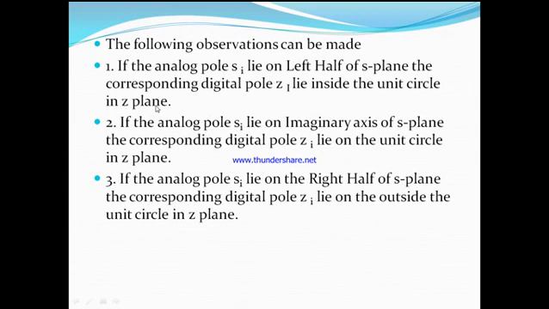Next, if the analog pole s i lies on the imaginary axis of the S plane, the corresponding digital pole lies on the unit circle in the Z plane. Third, if the analog pole lies on the right half of the S plane, the corresponding digital pole will lie outside the unit circle in the Z plane.